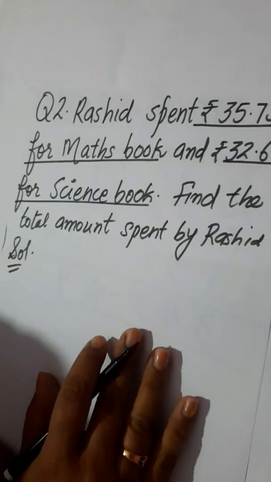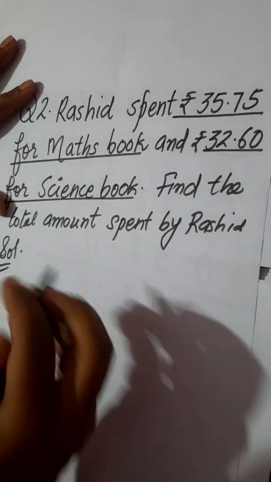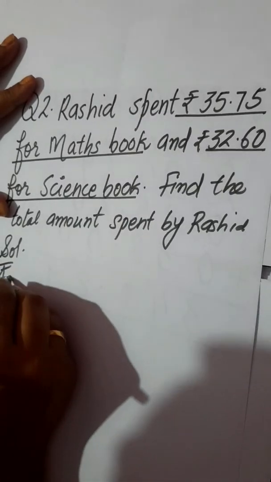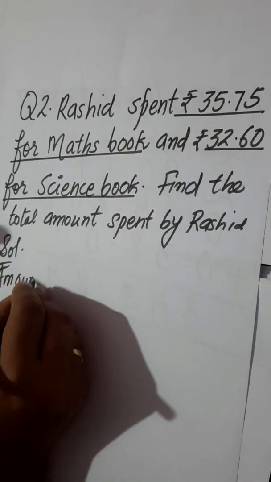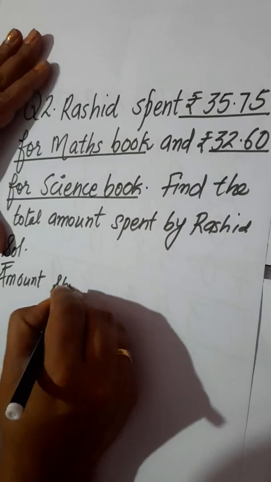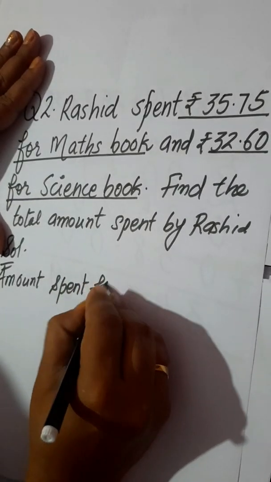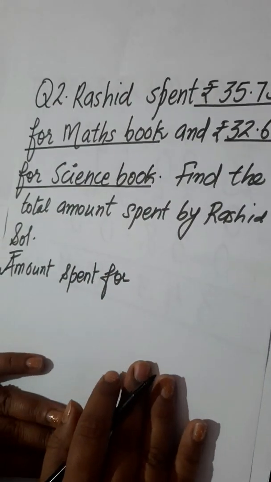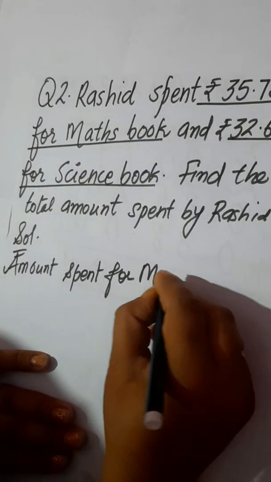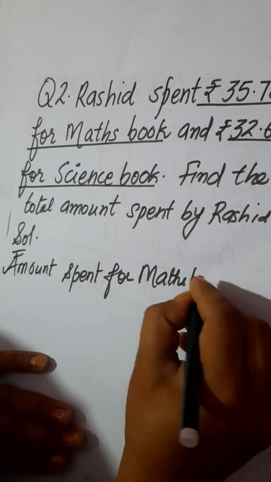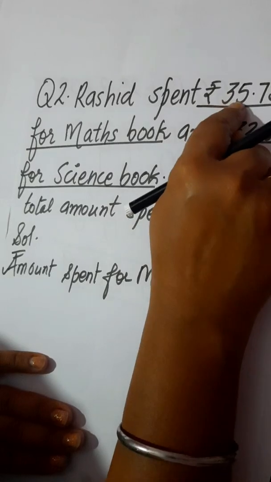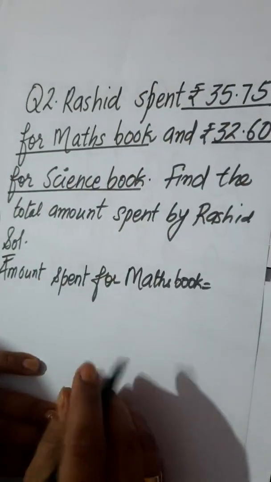Now here, firstly you will write amount spent for maths book, that is 35 rupees 75 paise.